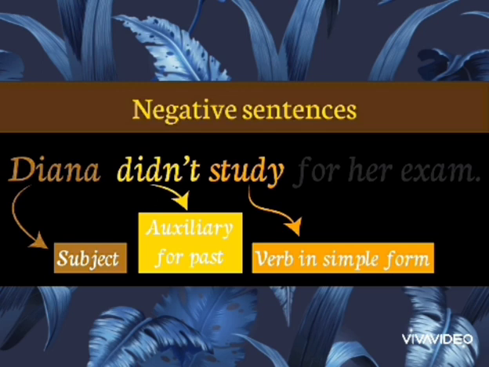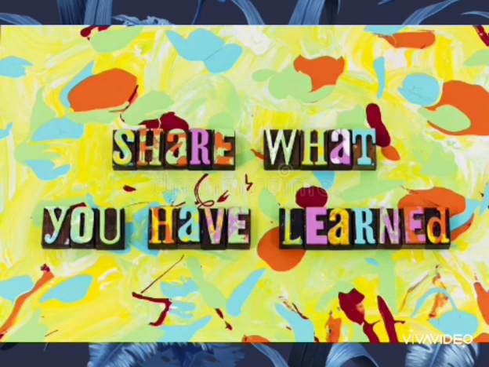I hope that I have made this concept clear to all of you. So now is the time to share what you have learned. Today we have learned how to construct affirmative sentences using the simple past tense, negative sentences using the simple past tense, and also how to construct interrogative sentences.